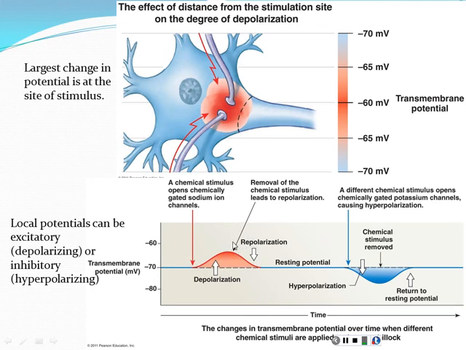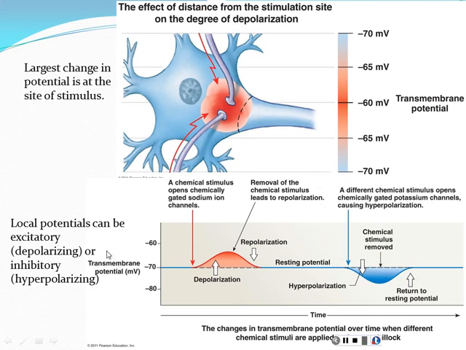It becomes a little less negative. Now then it goes back to normal because the cell corrects for that. And then let's say from this cell, instead of acetylcholine, we get a different neurotransmitter that instead opens potassium channels. So when it fires, we'll get a little decrease in membrane potential, or a little hyperpolarization, because some potassium rushed out and dropped the membrane potential and then came back up.